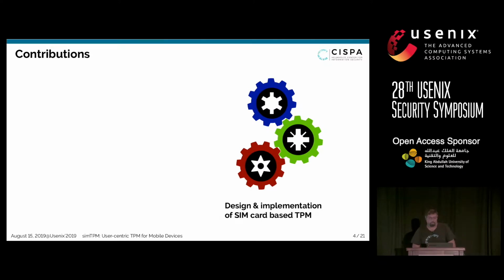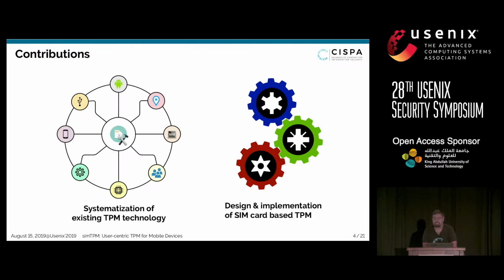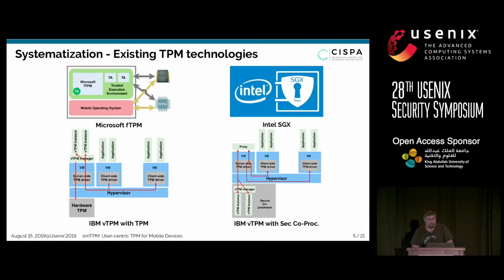Before going deep into the design and implementation of the SIM card, we wanted to see where in the landscape of trusted computing our implementation is the best fit. For that, we devised a systematization of existing TPM technologies, comparing Microsoft fTPM, Intel SGX, and two variants of IBM's virtual TPM from the server domain, one supported by a hardware TPM, and another supported by a secure coprocessor.